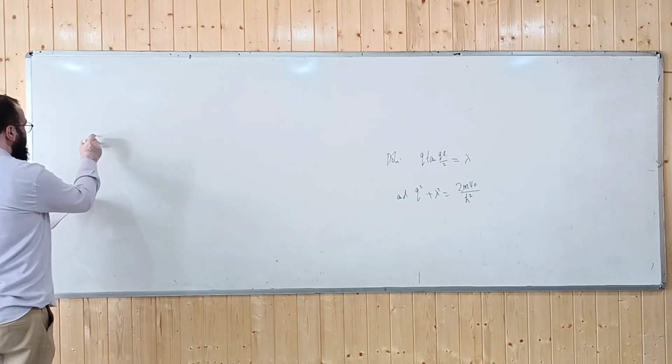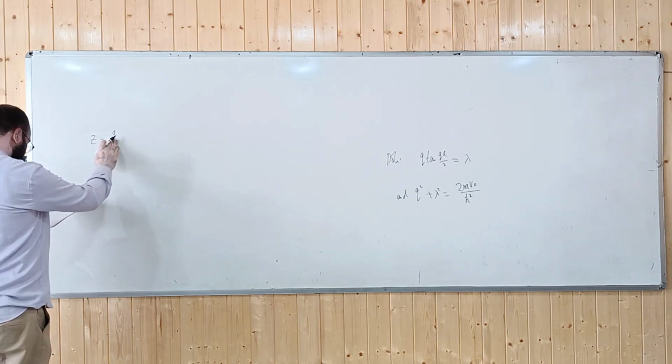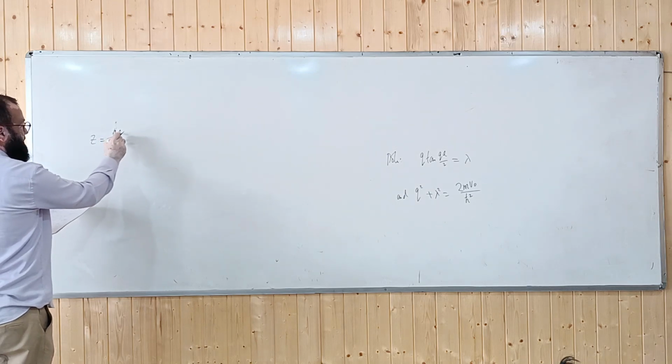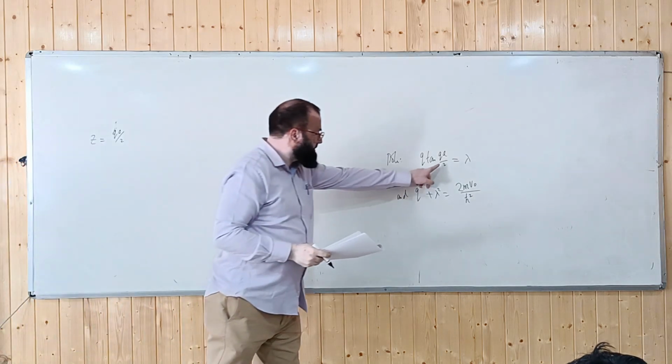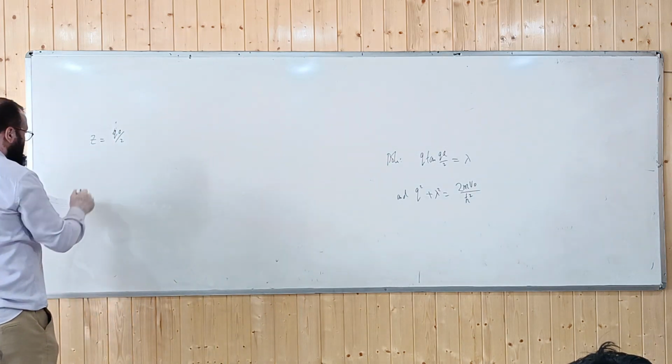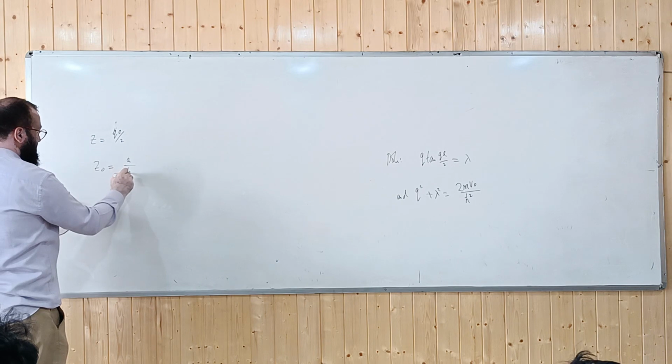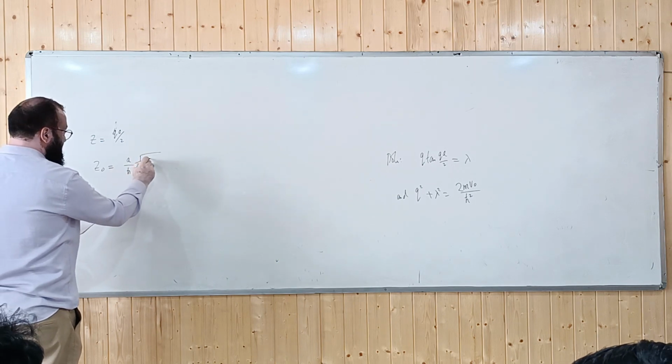So let me write z is equal to qa by 2. So let me write this qa by 2 as z, and let's say you have z naught is equal to a by h cross root of mV naught.